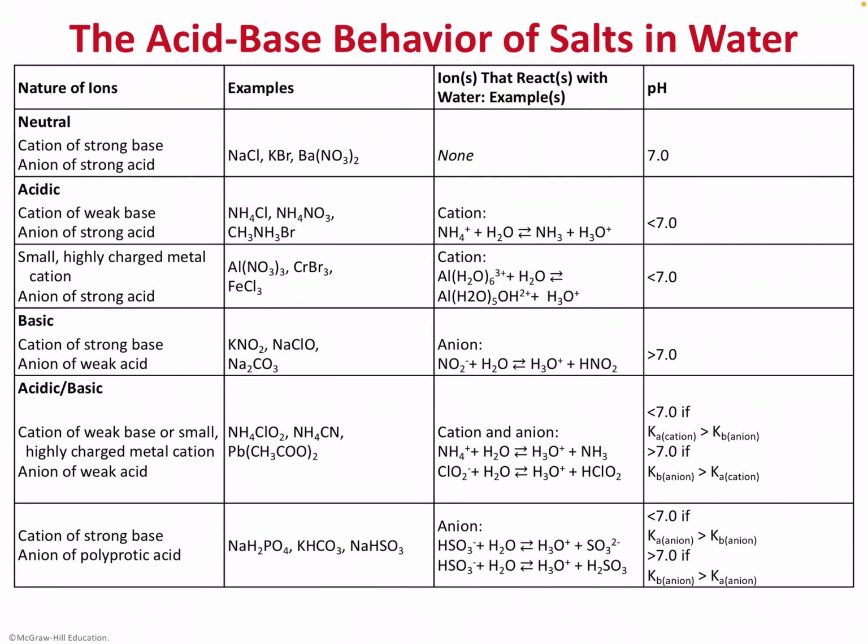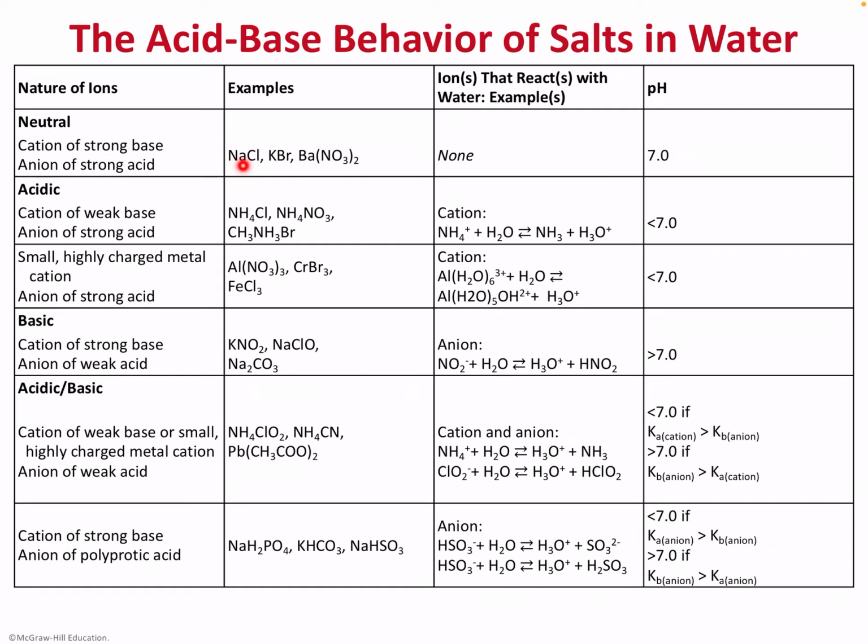Okay, so this chart summarizes the acid-base behavior of salts in water. A neutral solution would be the result if you have a cation of a strong base and an anion of a strong acid combined to give you a salt.